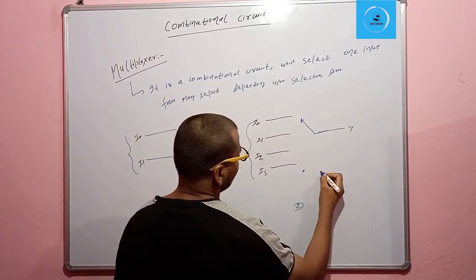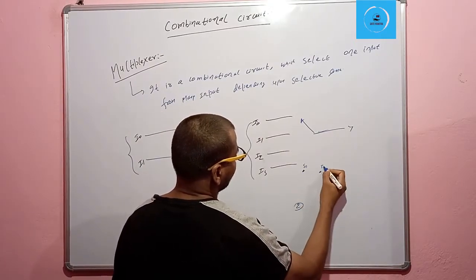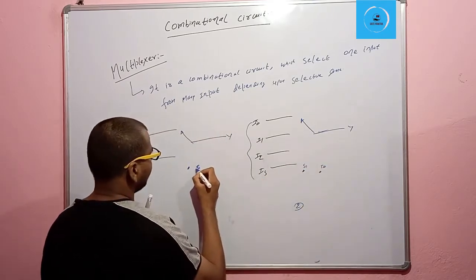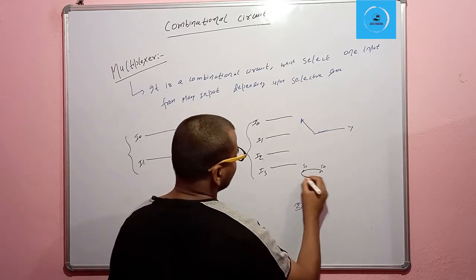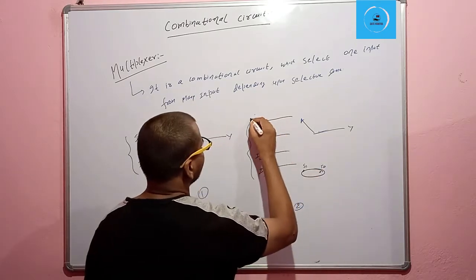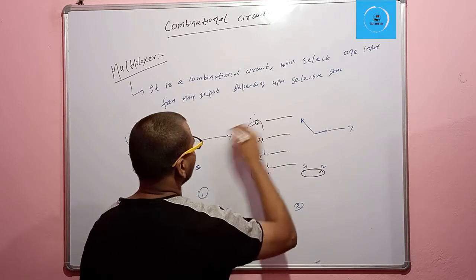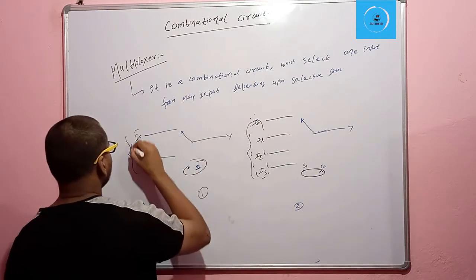So here we are going to give two switches, S1 and S0. Here we have given only one switch S. So when there are two switches, then there are 4 inputs. When there is a single switch, there are 2 inputs.